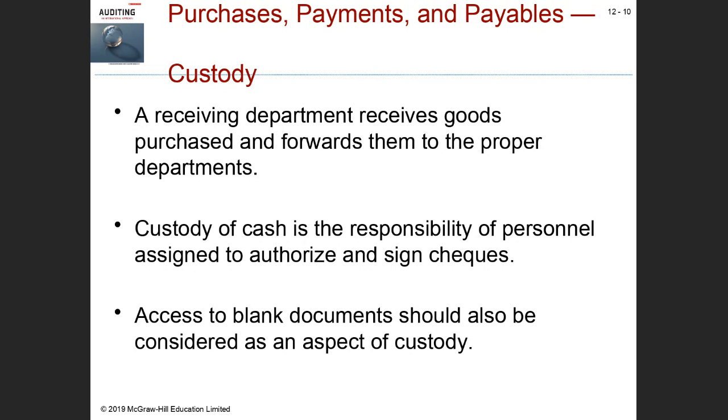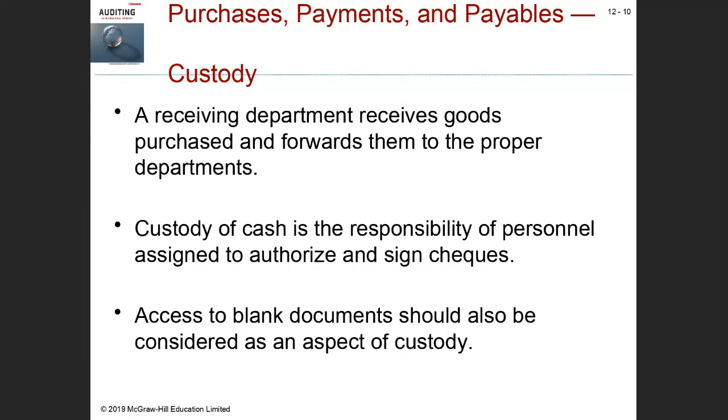Because you don't want someone to be able to take a stack of checks home with them and start creating payments to themselves or to other parties using company checks. And they would falsify, of course, the signatures on the checks. So in order to have proper custodial control over blank forms, you might have to store them in some type of a vault, or some type of other locked area, just a locked room, a locked drawer.